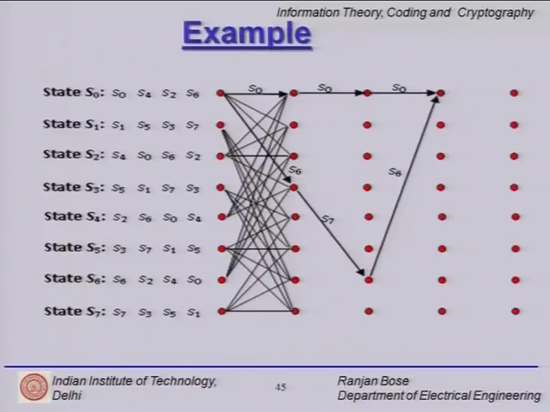In this trellis we have assigned S0, S4, S2 and S6 for these 4 branches which are diverging out. This is from the lowermost but one level of the set partitioning that we have done already. Similarly, we have taken the next set, S1, S5, S3 and S7.